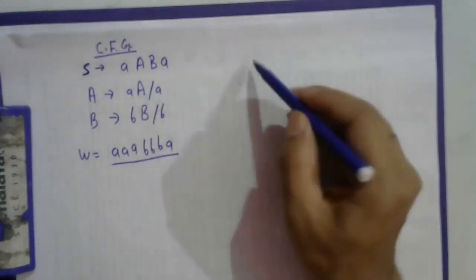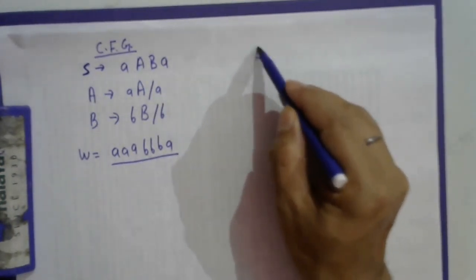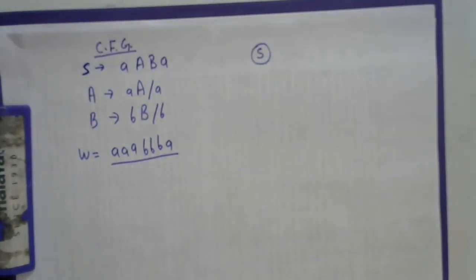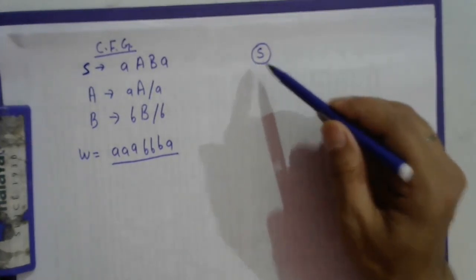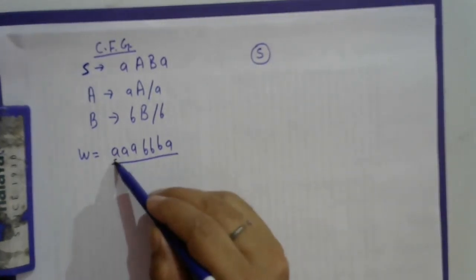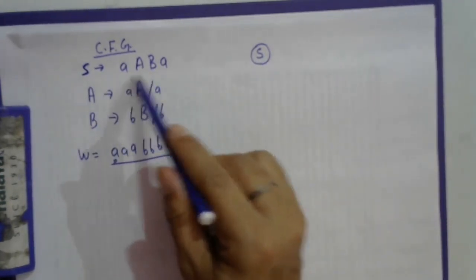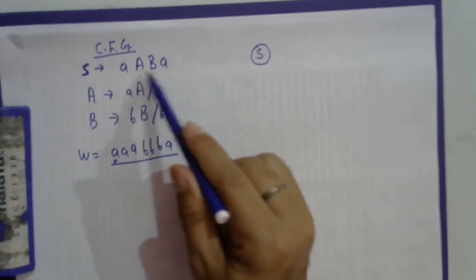We have already explained the rules: the derivation tree always starts with the symbol S. The collection of vertices begins with the first root vertex S. Then from S, if you want to get the first symbol A from the production rule, there is the first production S tends to AABA. This is the first production.